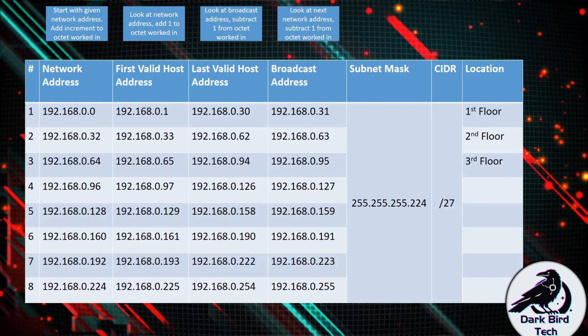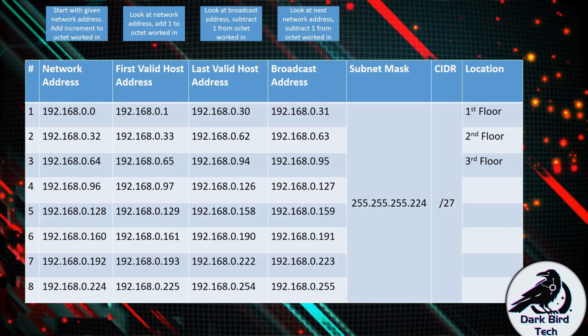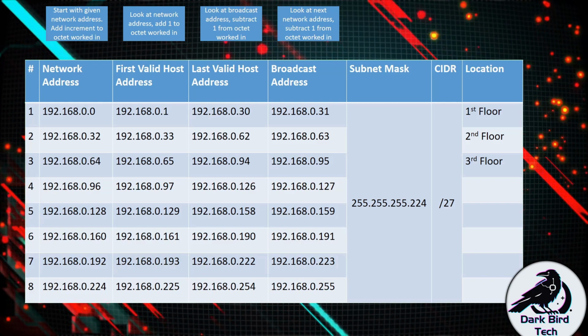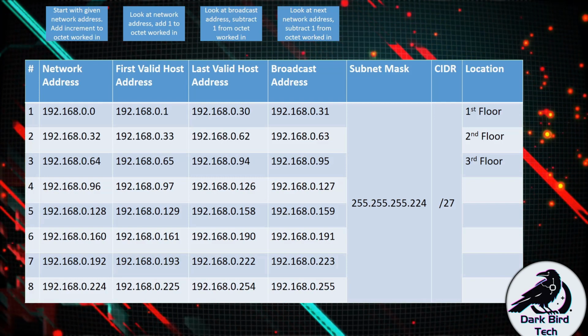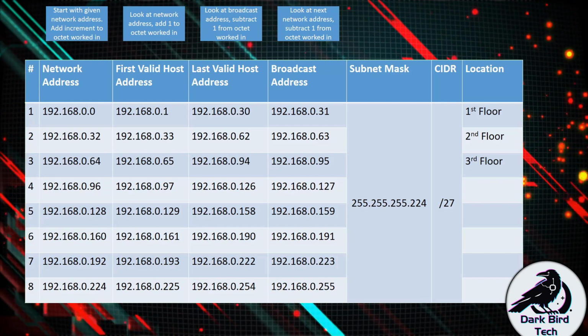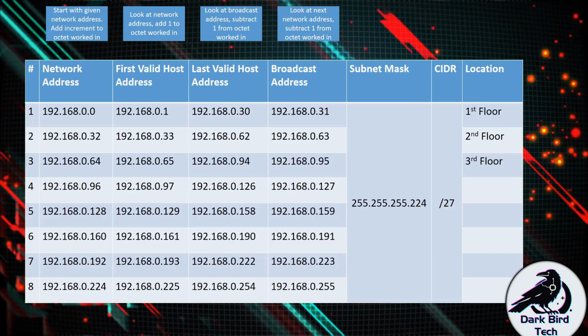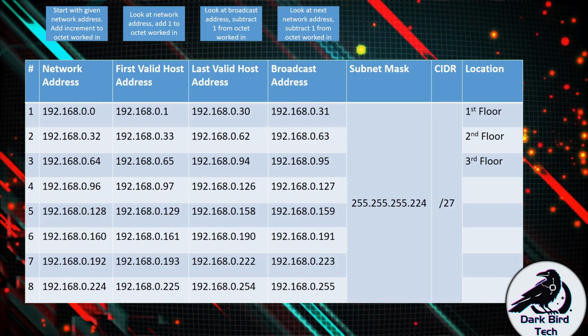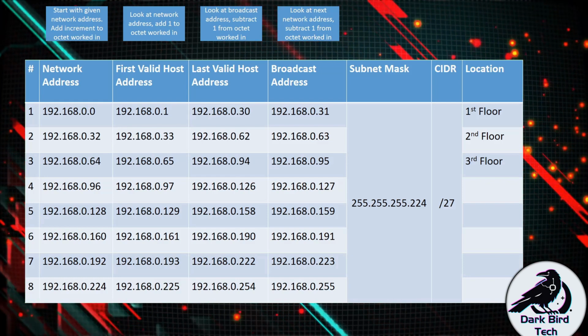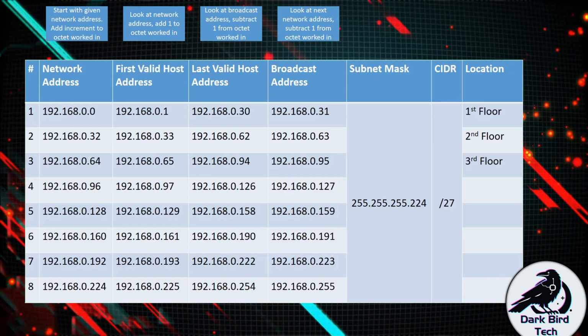Increment would be 32. Probably started with 192.168.0.0, so let's work our way up. .0, .32, .64, .96, .128, wait a minute, 100 would appear between 96 and 128, so the network address must be 192.168.0.96. So basically that asks you for a part of this process to check that you understand this.